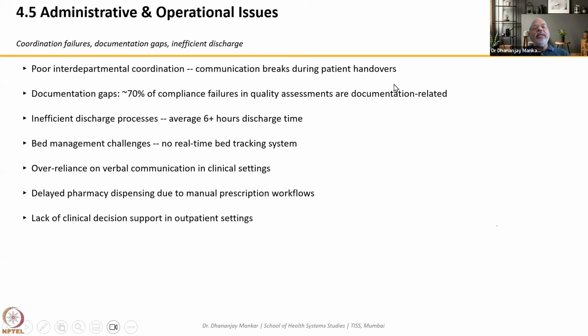Now come the administrative and operational issues. A lot of quality issues are taken up properly in communication with the administration. The hospital administration takes a major role in improving quality management, especially for the operational part, so it is very important that the administration is able to effectively improve these issues.